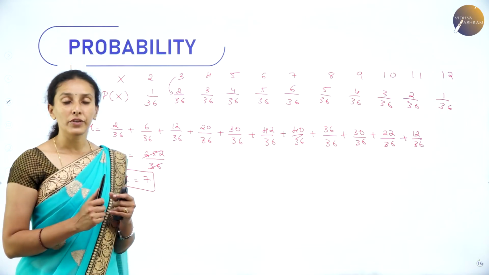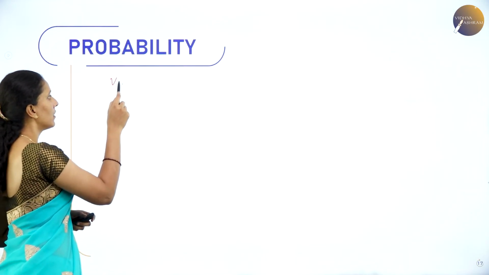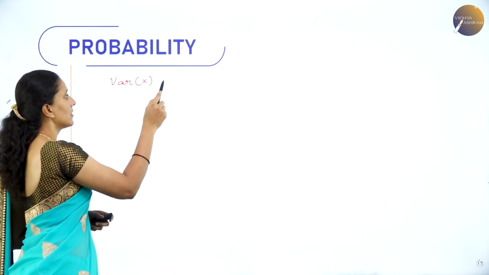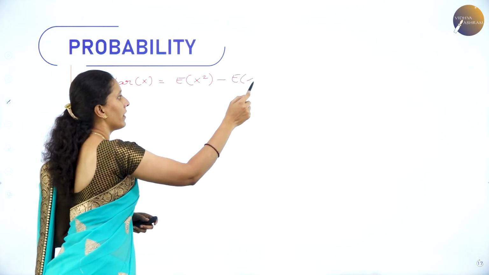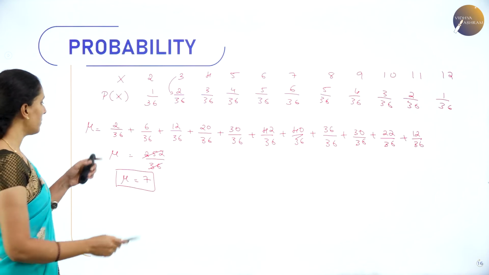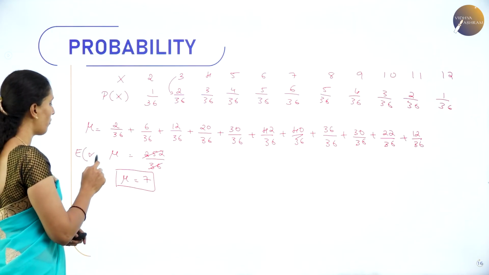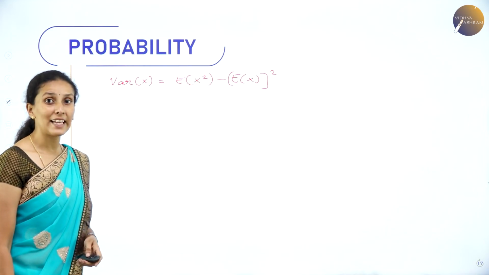Next I need to calculate the variance. To calculate the variance, variance of x is E of x square minus E of x whole square. E of x is nothing but our mu here. Now to calculate E of x square, first we need x square.